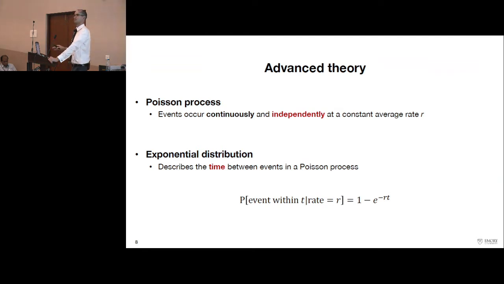Again, I know that there are some biostatisticians here, so you know this very well. But for those of you who are not that familiar with this concept, if you want to learn more, what you want to look for is Poisson process and the exponential distribution.